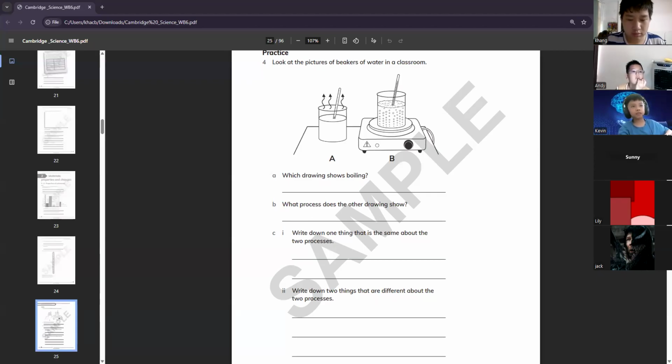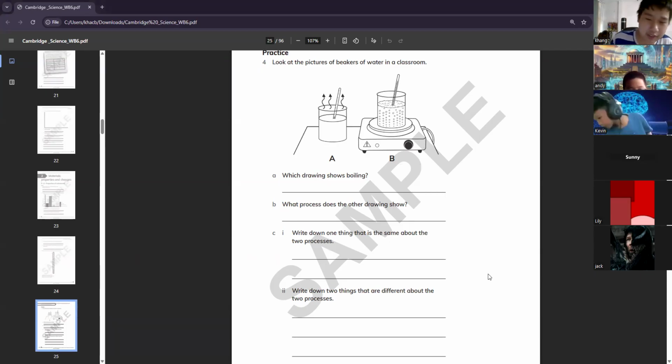A shows evaporating, and A's thermometer is at a lower height, and B has a higher height. All right. So the main difference between these two things is the temperature and how they evaporate. One evaporates quickly, while the other evaporates slowly and will not evaporate fully.